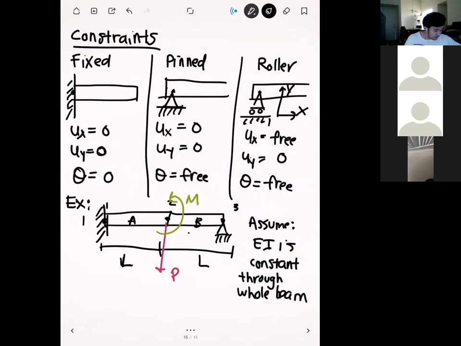We're also going to ignore any axial displacements. We're not dealing with trusses here, so these are all just pure beams. We're only going to have transverse displacements and rotations. Any questions on this before we go about solving it?